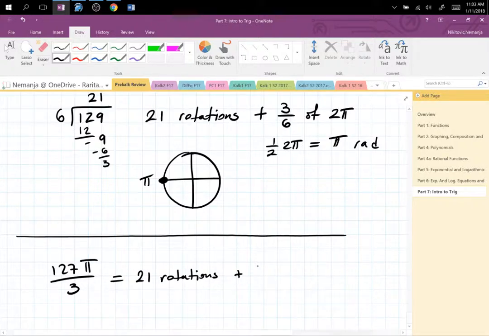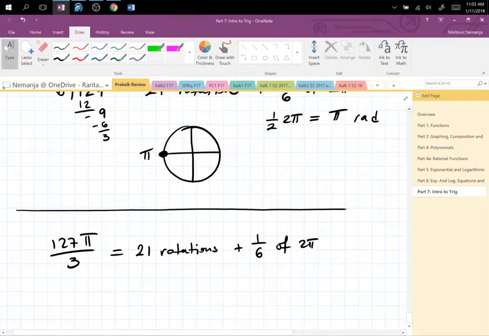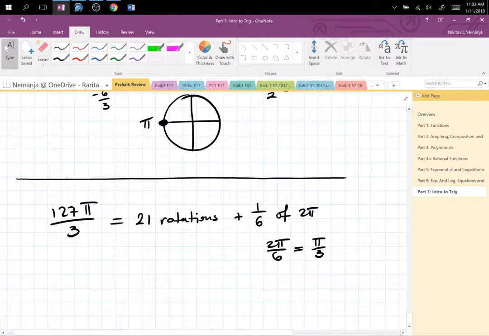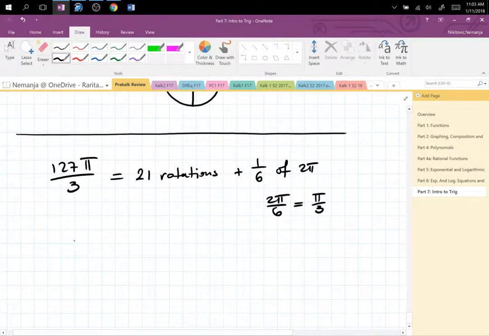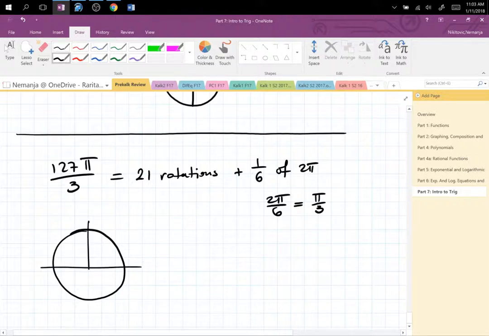So the remainder is 1 over 6 of 2 pi, and that 1 over 6 of 2 pi is 2 pi over 6, which is pi over 3. So now on my unit circle, we end up at pi over 3.